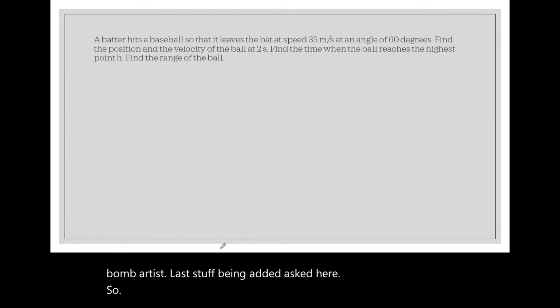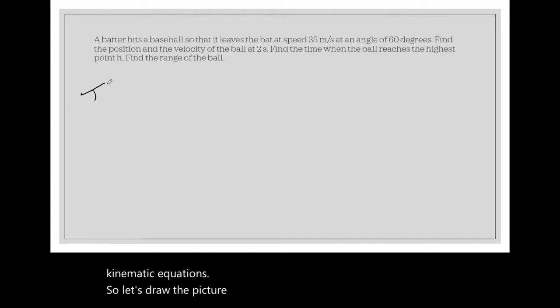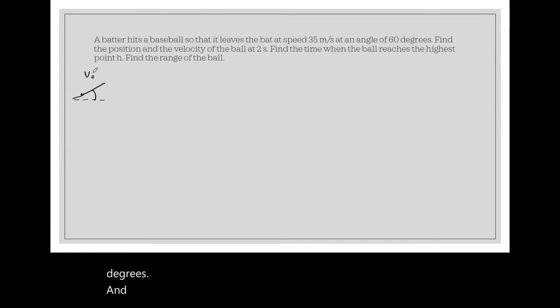Again, we're still doing kinematics, so we're still going to use those kinematic equations. So let's draw the picture first. We've got this ball hit at this angle of 60 degrees. And it tells us that the initial speed is 35.